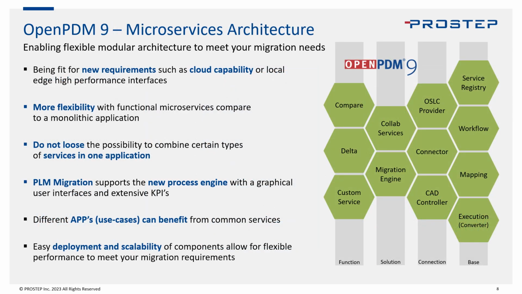With OpenPDM 9, we've switched to a more microservices architecture, and this is about 3 years ago that we rolled out OpenPDM 9. And this enables you to keep components in various locations, right?